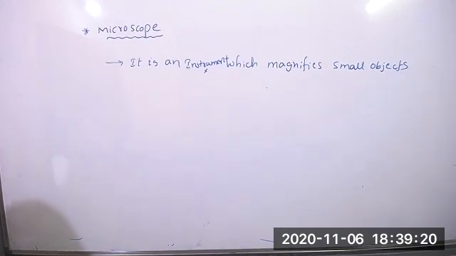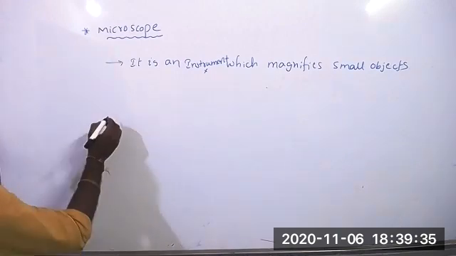Yes, sir. Understand clearly what will happen when we are seeing any object from a certain distance. Once you bring it very near to your eyes, there is a distant vision, right? Minimum distance vision is there.